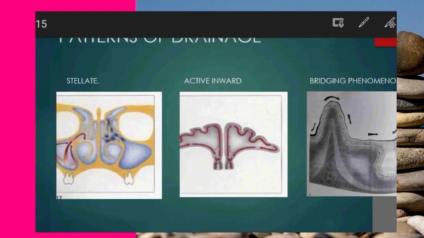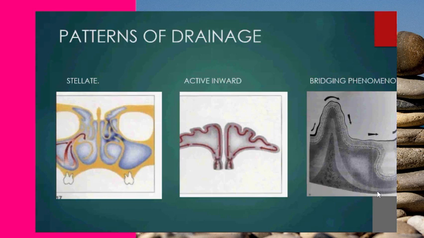For each frontal sinus, the pattern of drainage is like this: the medial end of the frontal sinus will be directed towards the superior surface, and then it has to move to the lateral surface and comes to the floor of the frontal sinus. Then finally it drains into the frontal recess. So what is the kind of drainage here? It is known as active inward drainage.